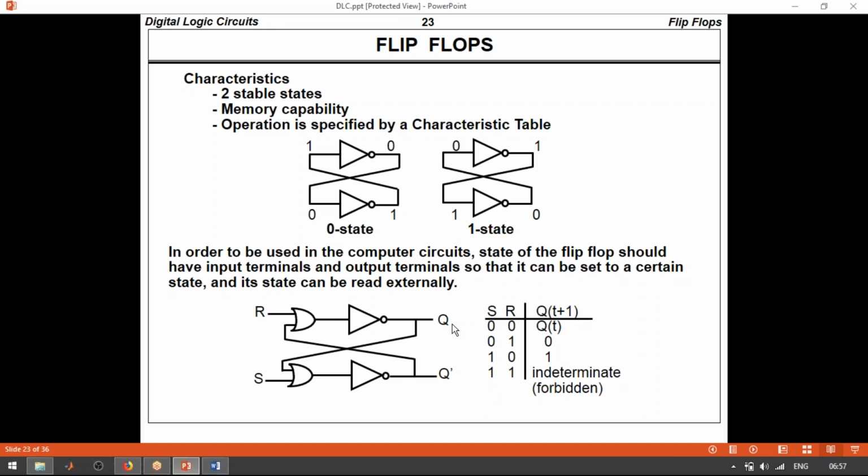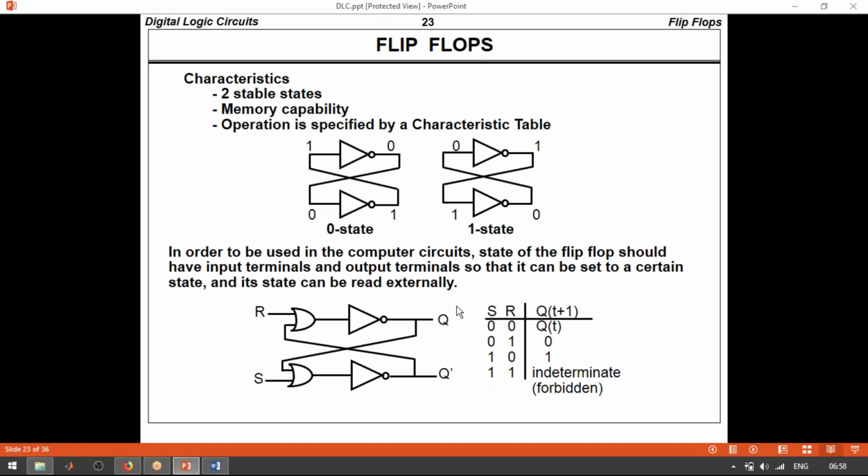But what should actually happen is that if the output is 0, then Q bar must be 1, and if it is 1, it must be 0. But in the 1 1 condition, there is no output like that.